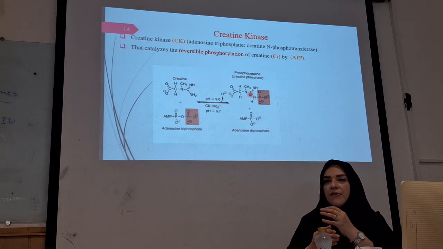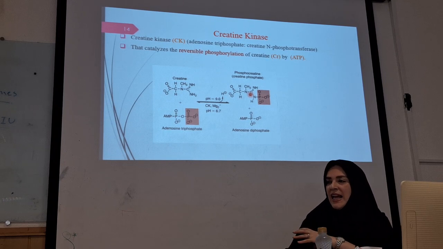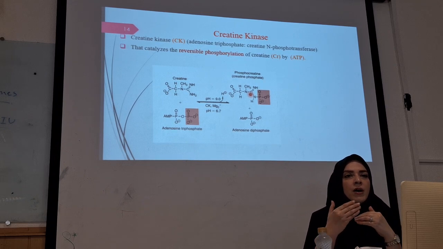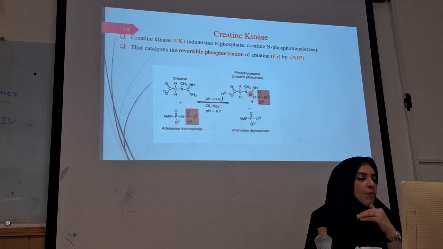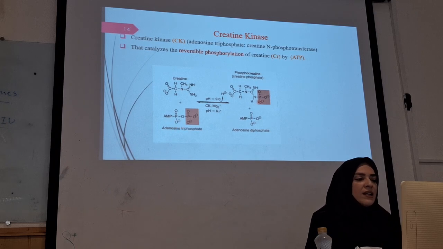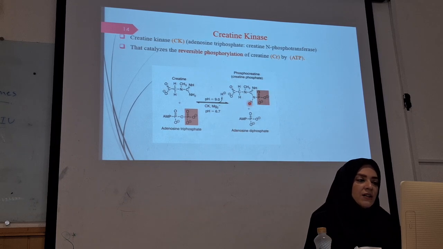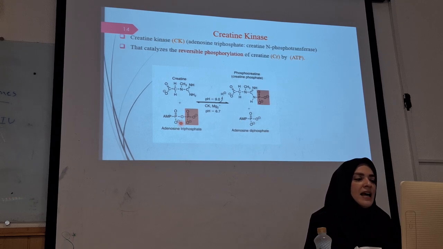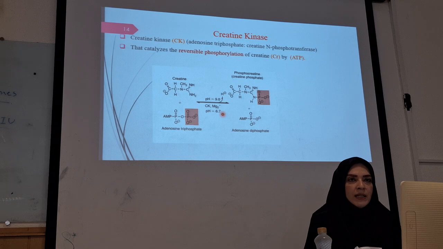So, whenever my muscle uses the ATP, it produces ADP. Because our body wants to produce more ATP for another contraction, it can detach the phosphorus from the creatine phosphate and bind it to the ADP and again produce ATP.